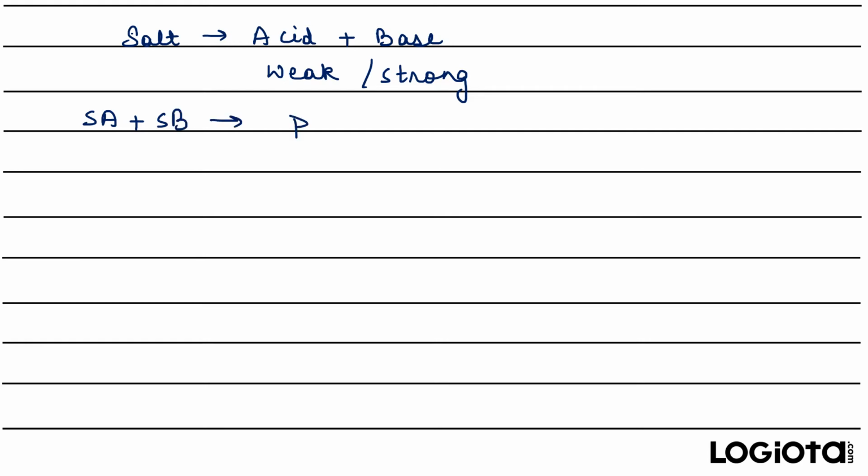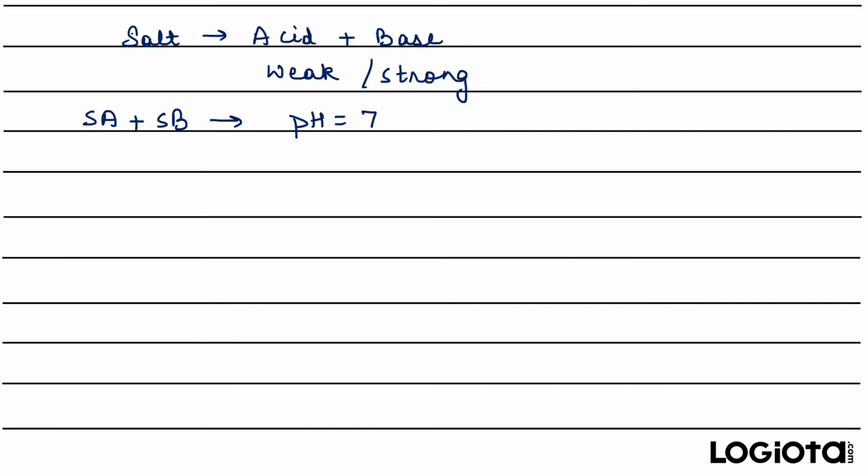A salt is a combination of an acid and a base. Now, an acid or base can be weak or strong, and depending on that, a salt is formed. If a strong acid and strong base are involved, then for this combination pH is equal to 7.